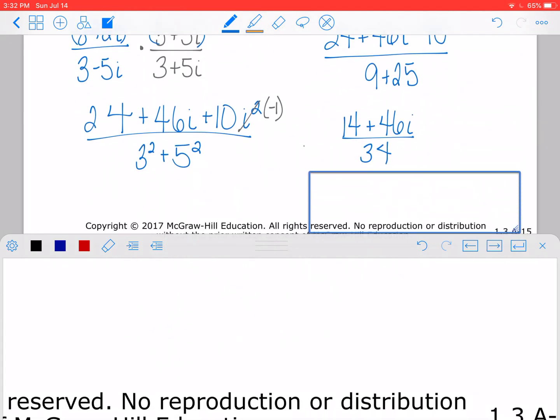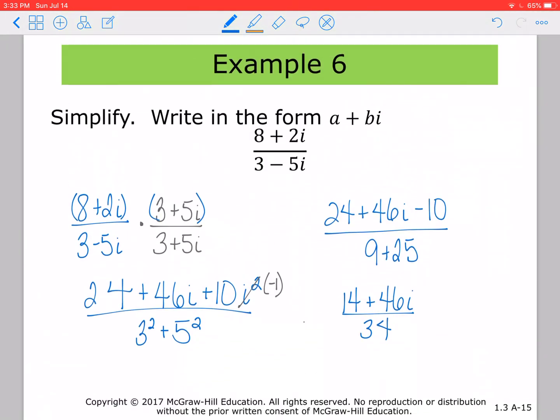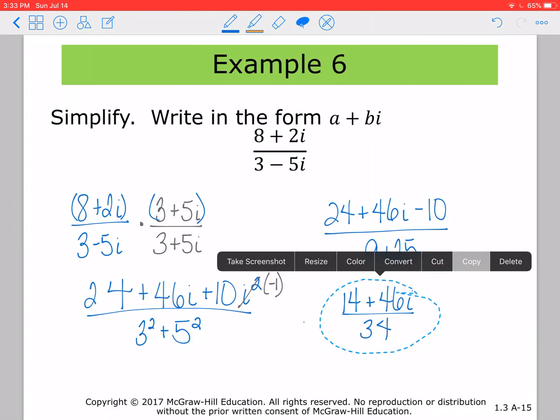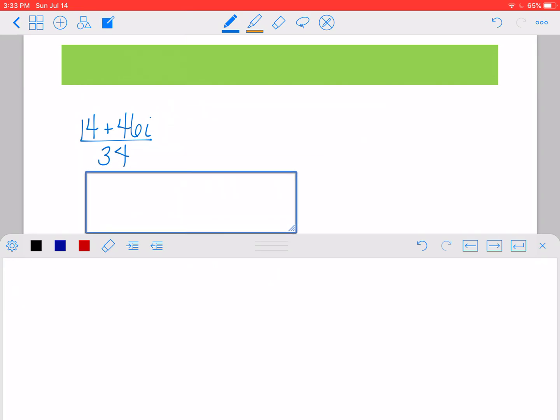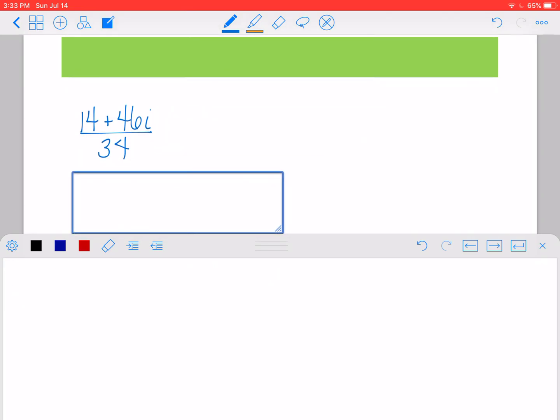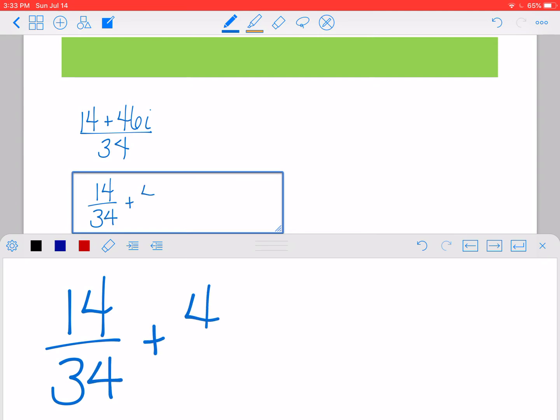And then we have to simplify our fractions. So 2 goes into both 14 and 34, so that'll be 7 over 17. 2 goes into both 46 and 34, so that'll be 23i over 17. And that is what we have simplified.